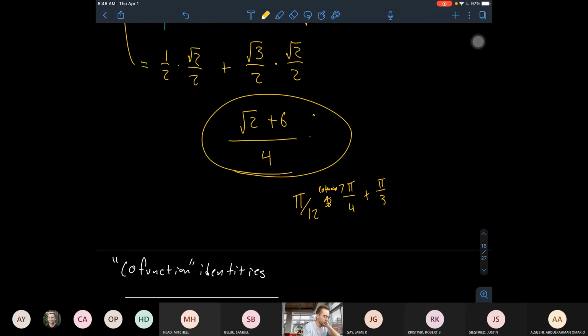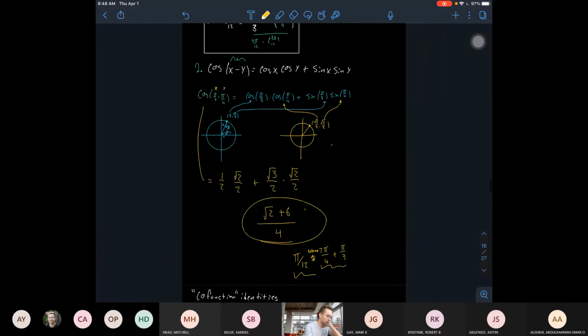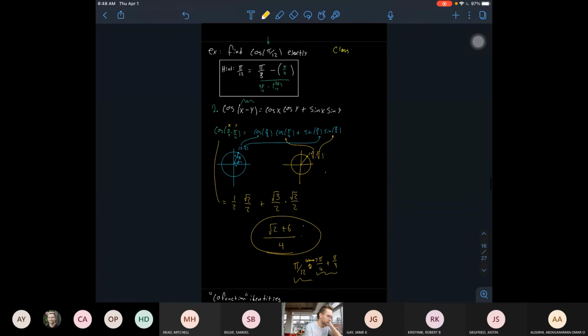Okay, but the key here is to express pi over 12 as a sum or difference of other angles which we already know. So if you can find a way to express pi over 12 as a sum of angles we already know, then that's fine. Or if you can express it as a difference of angles that we already know, that's also fine. And you can use either thing and you'll wind up with the same answer.